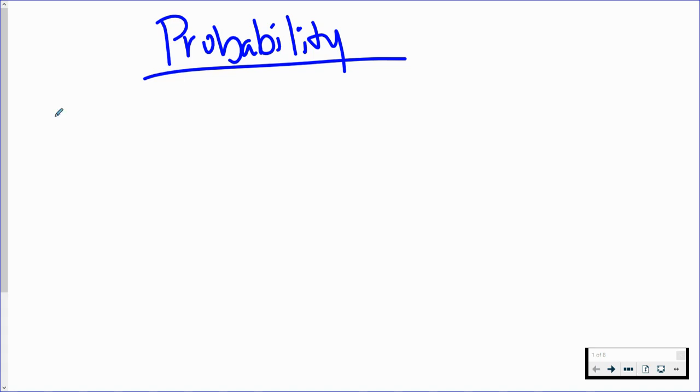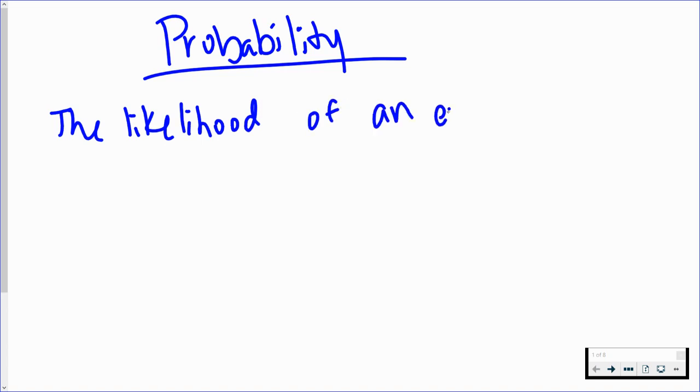Probability is the likelihood of an event occurring. Okay, so just the likelihood that an event occurs.